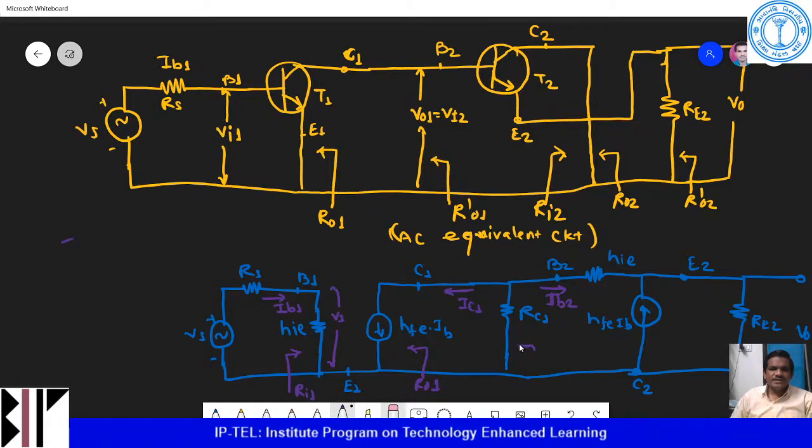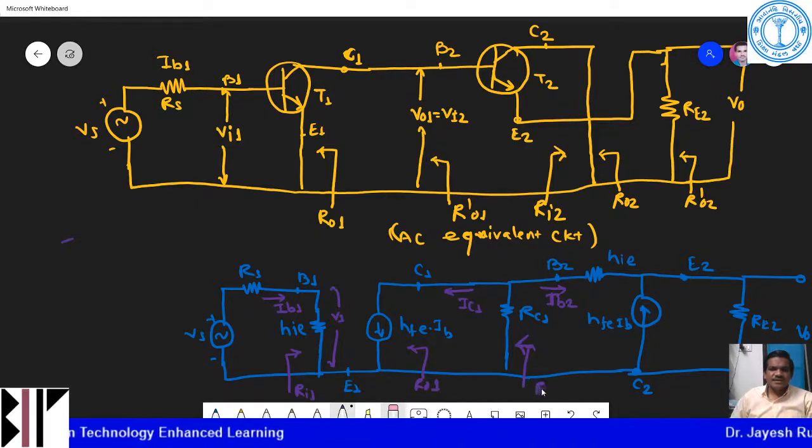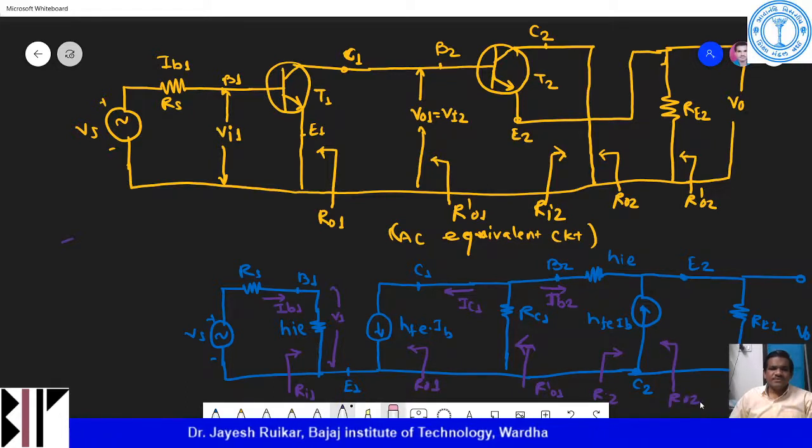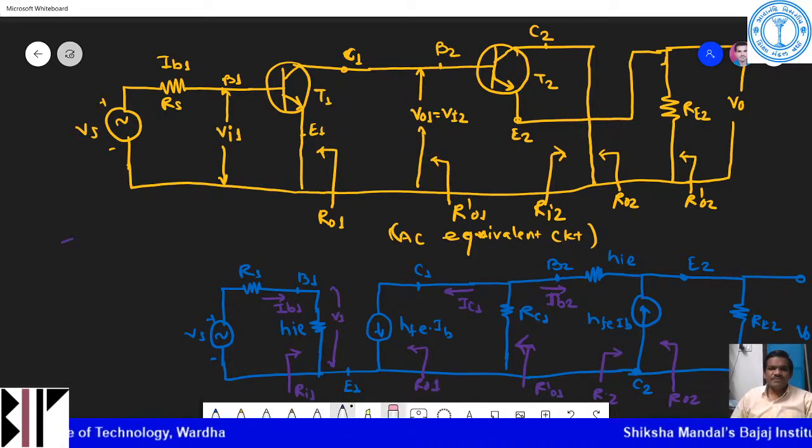Looking at this side, you will get an R dash O1, and this side you will get an RI2. If you look from this side, you'll get RO2, and this is my output impedance RO2.